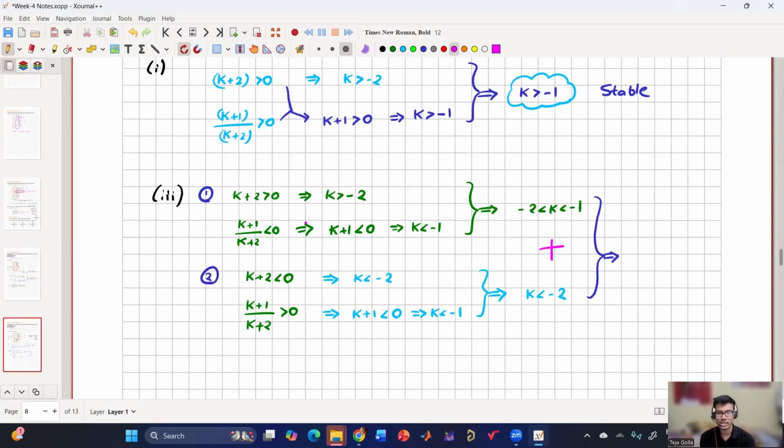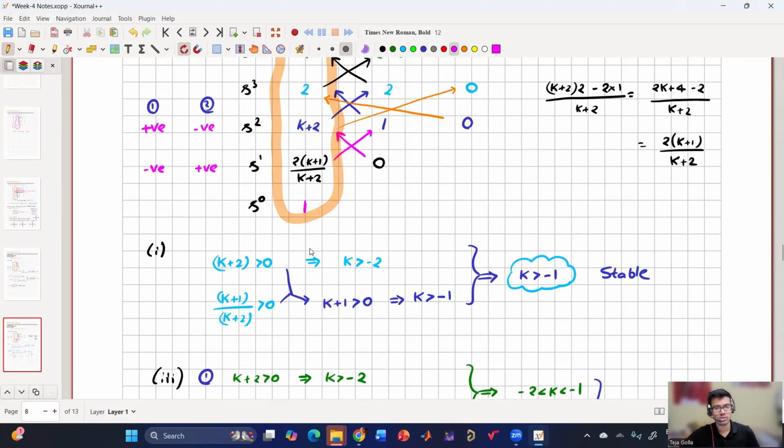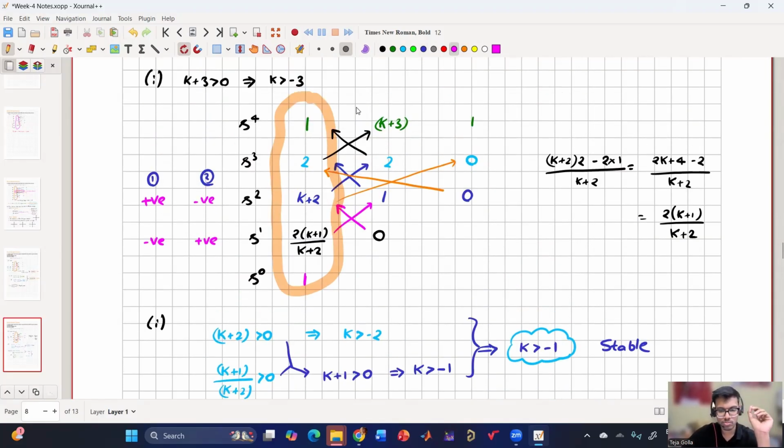Combining in the sense not intersection, union. Okay. I think I might have confused you. In this column, either case 1 is possible or case 2 is possible, right? If this is positive, this is negative, or this is negative, this is positive. So I have to select that entire range of K where any of this possibility can happen.